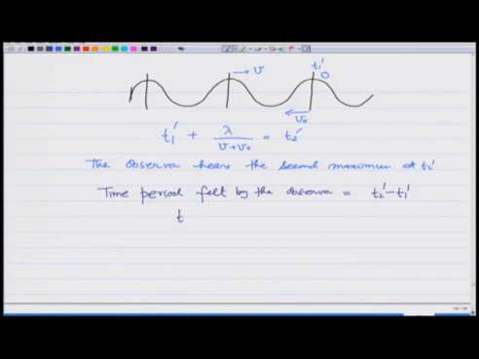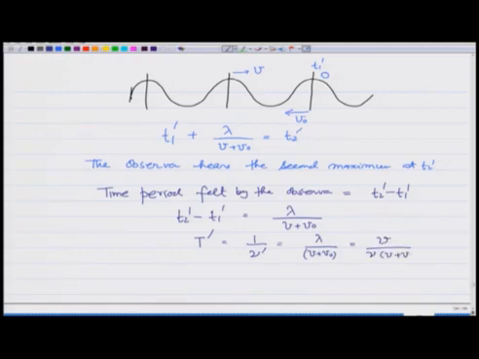So, t2 prime minus t1 prime from the equation above comes out to be lambda divided by v plus vo, and this is t prime, which is 1 over nu prime, where nu prime is the frequency that the observer feels, and this is equal to lambda divided by v plus v observer, and let me write this as v over nu times v plus v observer, and this immediately gives you that nu prime is equal to v plus v observer divided by v times nu, which is greater than nu.